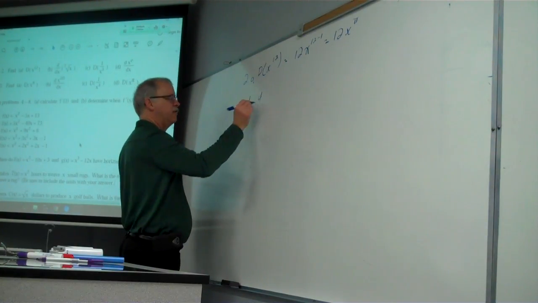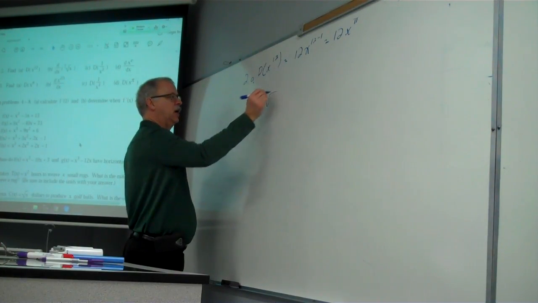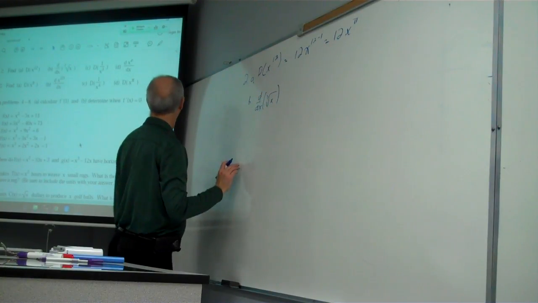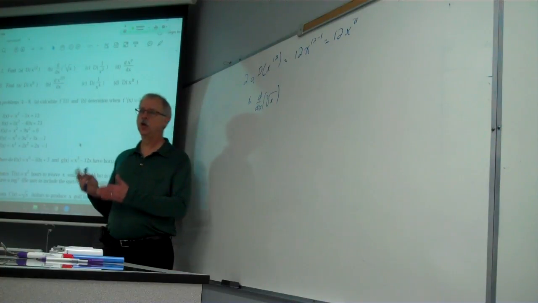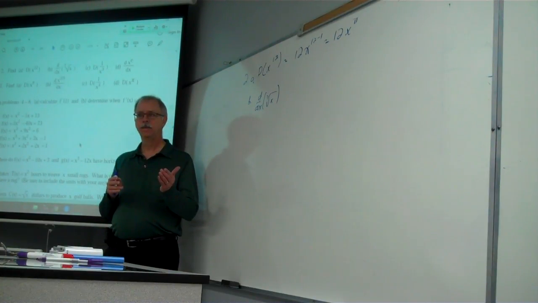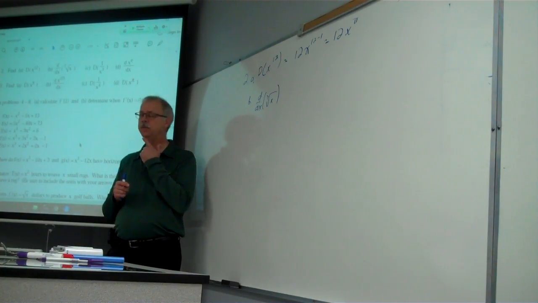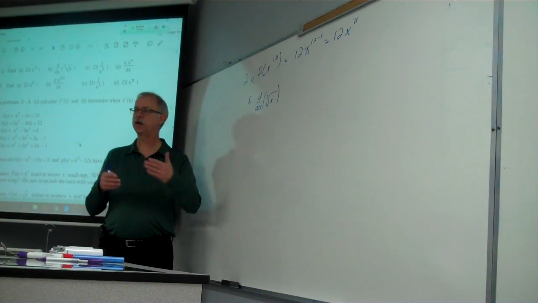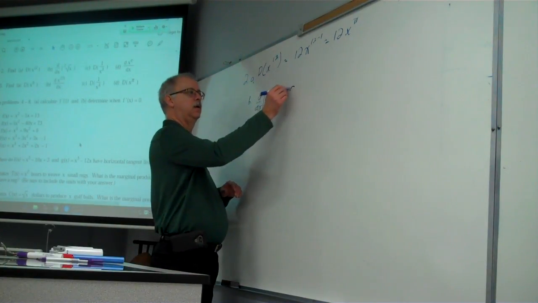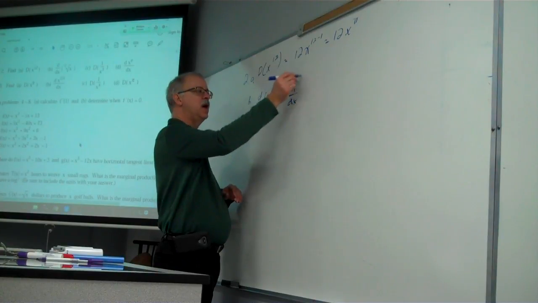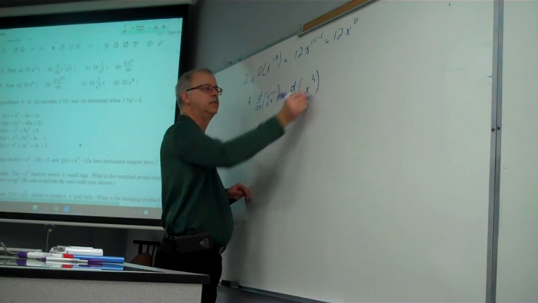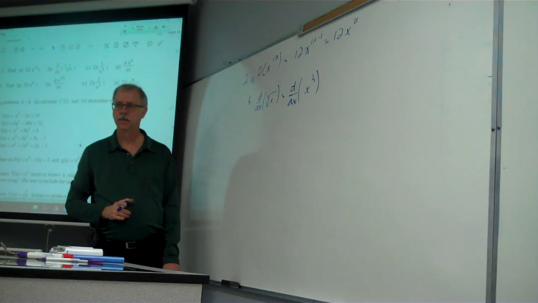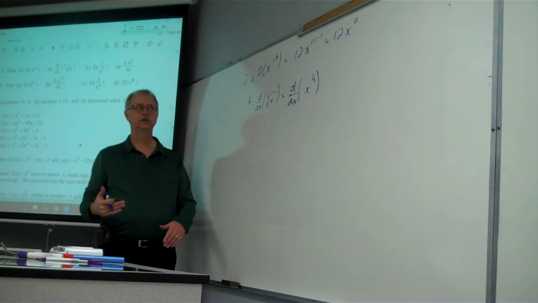B, the derivative with respect to x of the 7th root of x, at first glance doesn't look like a power until we remember, wait a minute, the radical could be written in terms of a fractional exponent. So no derivative yet, we're just rewriting this, the 7th root of x, that is x to the 1/7 power. And now the power rule applies.